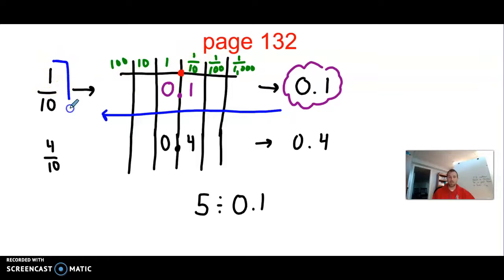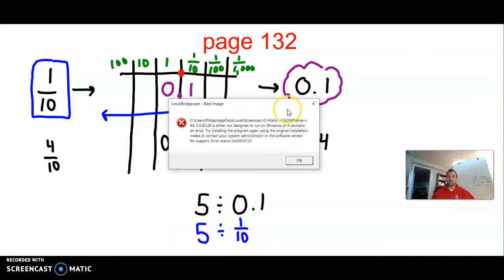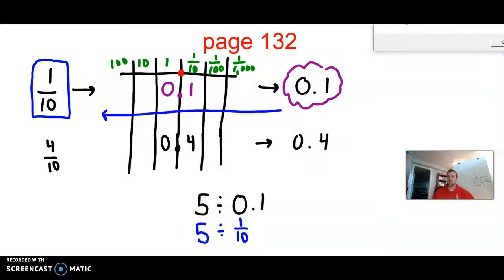You get this beautiful fraction here. So we technically could rewrite this expression 5 divided by 1/10, which is some of the work that we've done the past week and a half. So let's go ahead and actually solve this.